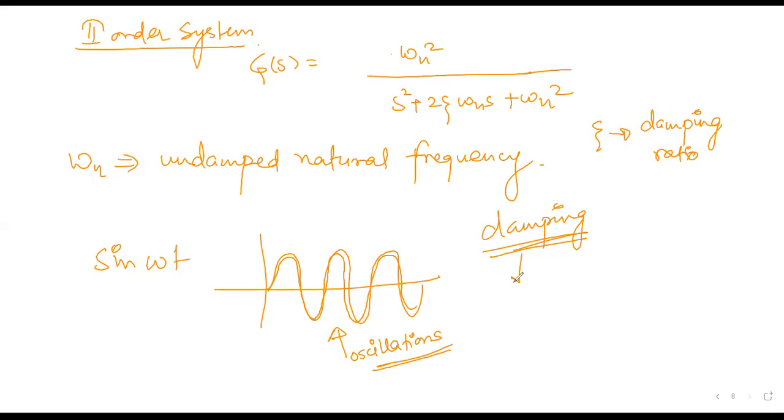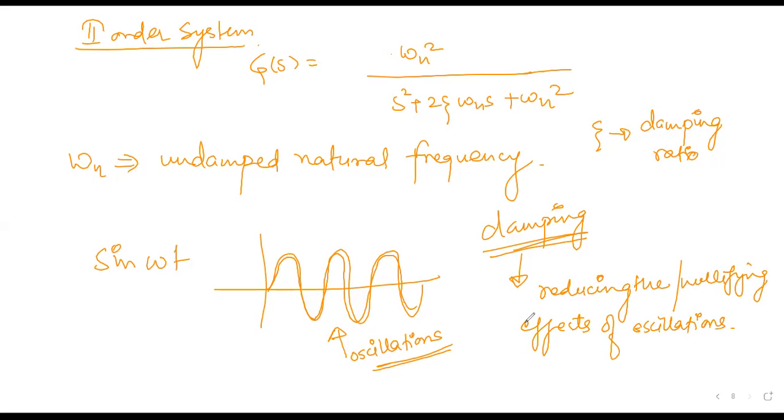Damping means to reduce, so you are reducing or nullifying the effects of oscillation. How do you do that? By using this factor which is called zeta.